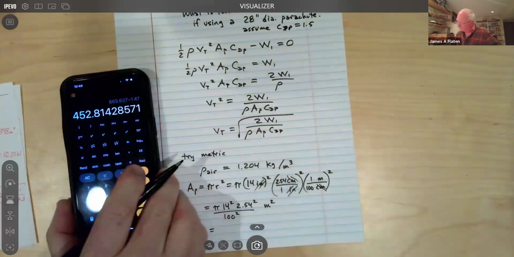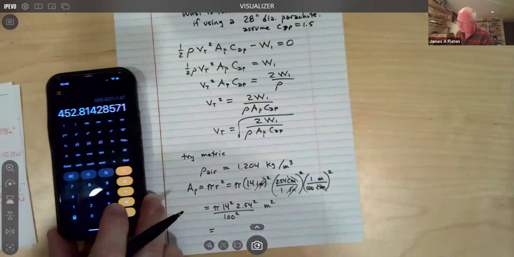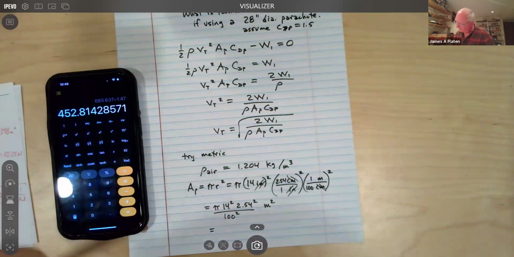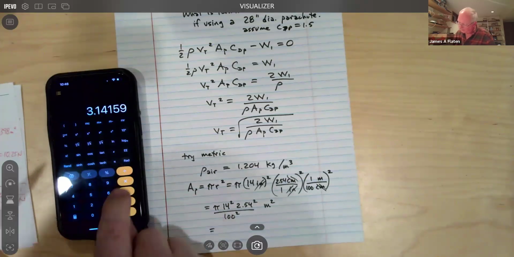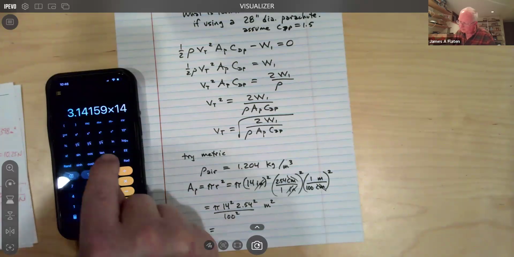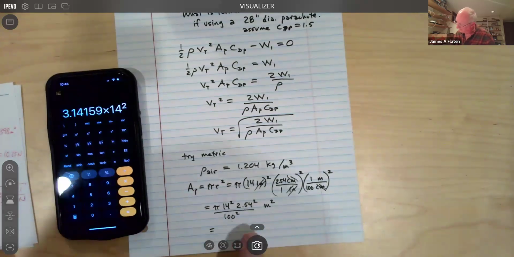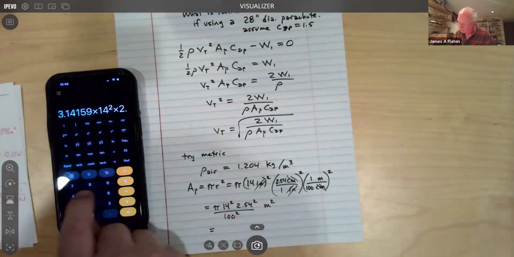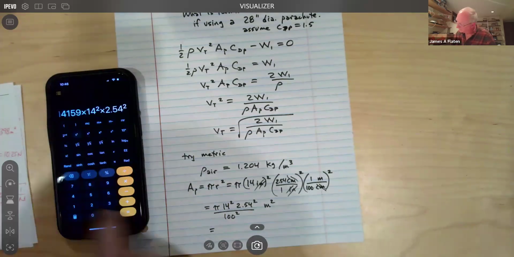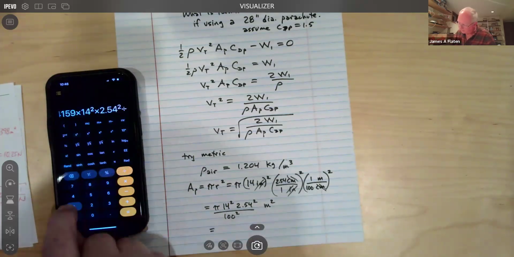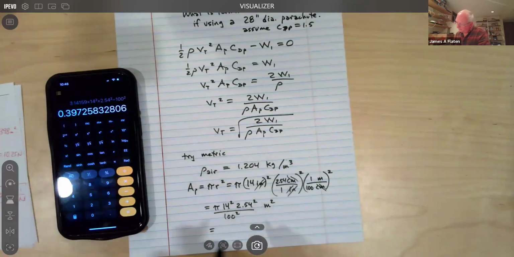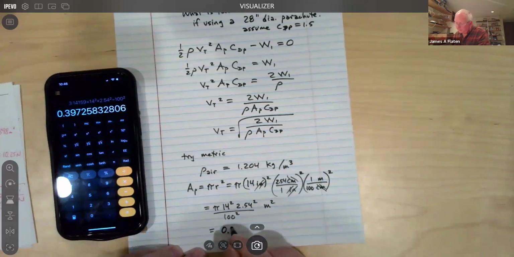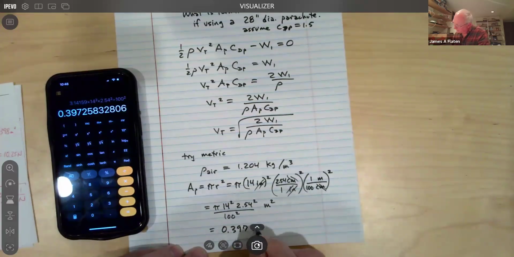Let's find out what the number is. So 3.14159 is pi times 14 squared times 2.54 squared divided by 100 squared equals 0.397 meters squared.